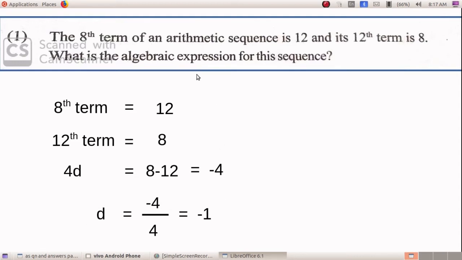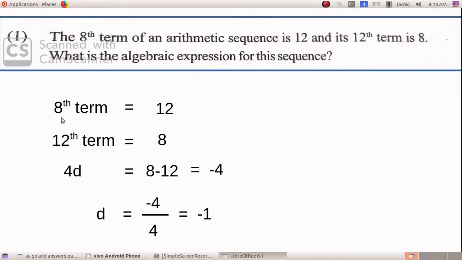Here in this question we are asked to find the algebraic expression of this arithmetic sequence. Let us find its first term. You know, here the 8th term is 12. How is the 8th term obtained? By adding 7 common differences to the first term. So to get the first term, we can go back.